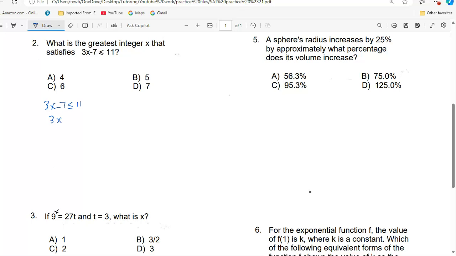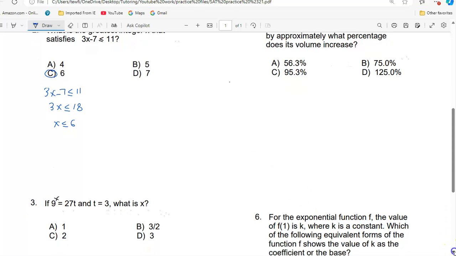So 3x less than or equal to 18. Let's divide both sides by 3 to get rid of the 3. So x less than or equal to 6. So what is the greatest one? 6, because x is equal to 6 or less than 6. So we're going to choose choice C for this problem.